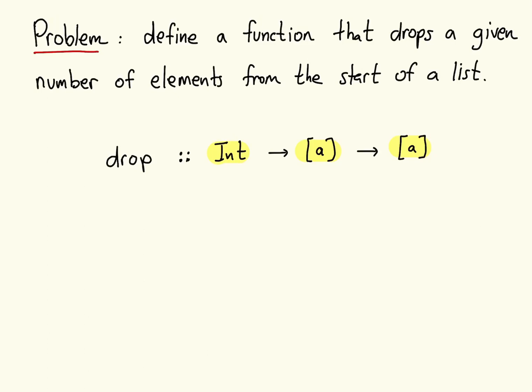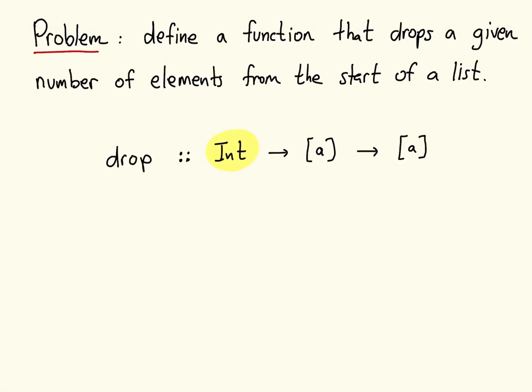But already at this point, we've actually made 3 design decisions about the type, and it's important to recognize what we're actually doing here. So we've made it into a curried function. It takes 2 parameters, one at a time, because we have the 2 function arrows here. It's also a polymorphic function because we're taking a list of A to a list of A. And also we decided the particular order of the arguments.